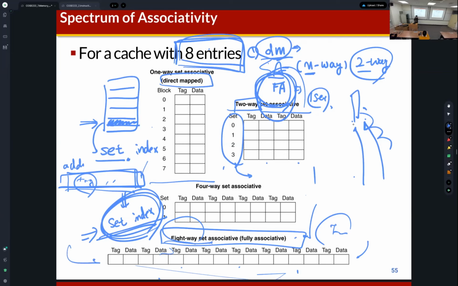So it needs to check all the tags stored in the cache. So I said that the fully associative cache is the most expensive cache, because we need to use more comparators.